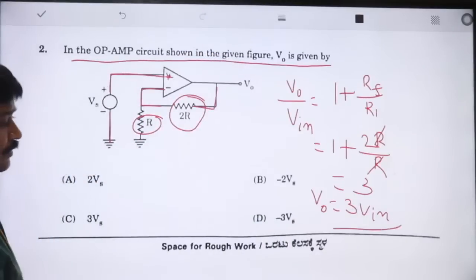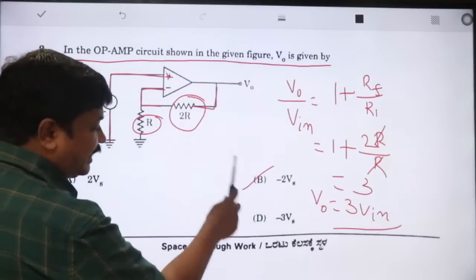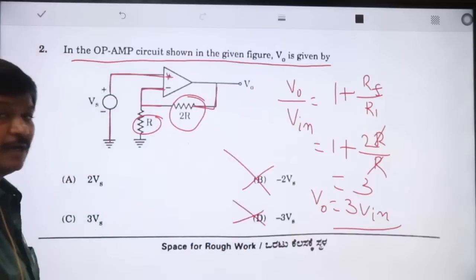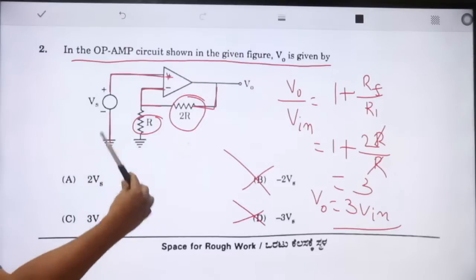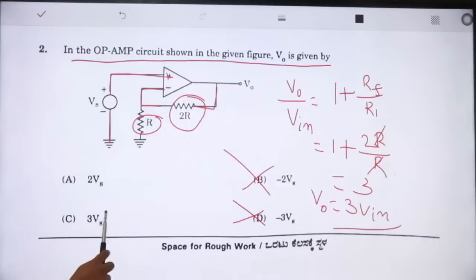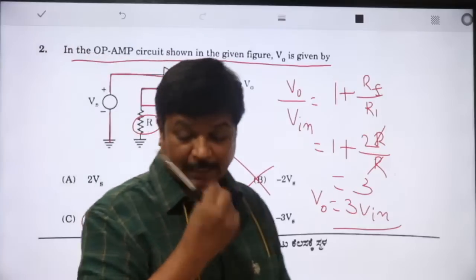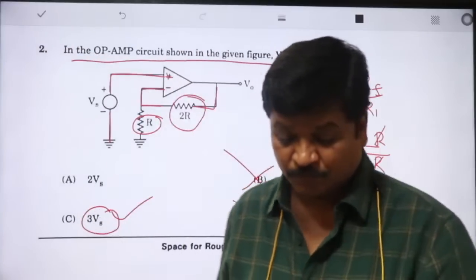Of course, minus 2 Vs, minus 3 Vs is wrong because it is not an inverting op amp. The option is available with positive gain, positive output voltage. What did we get? 3 Vs is the right answer for this.